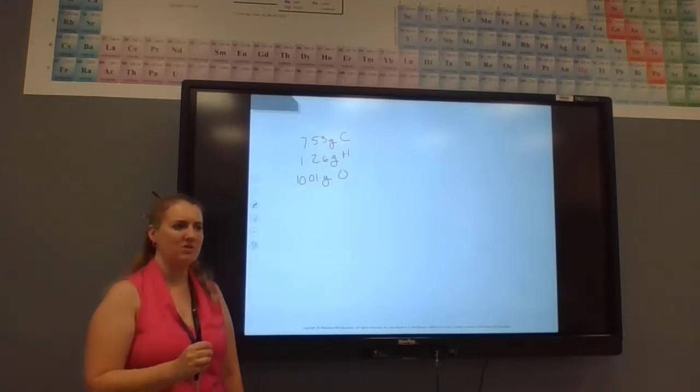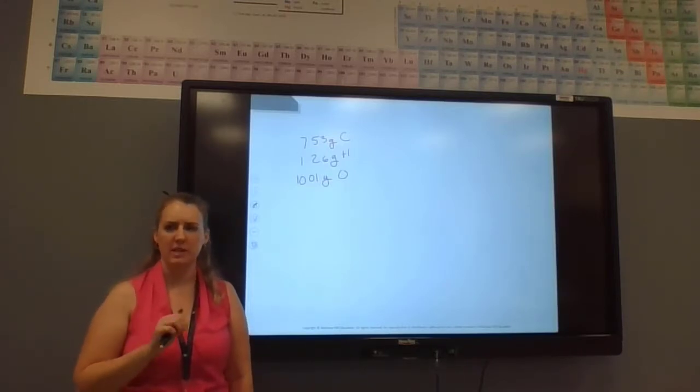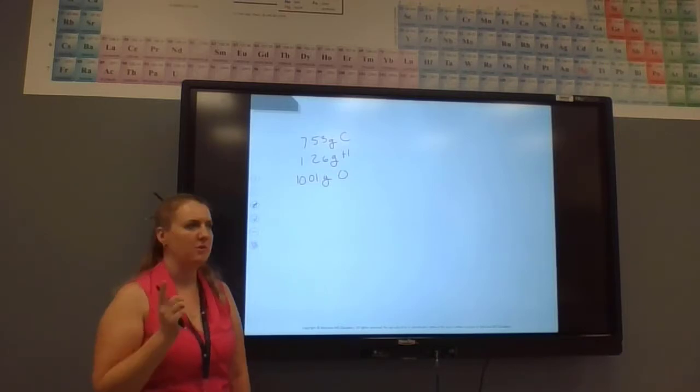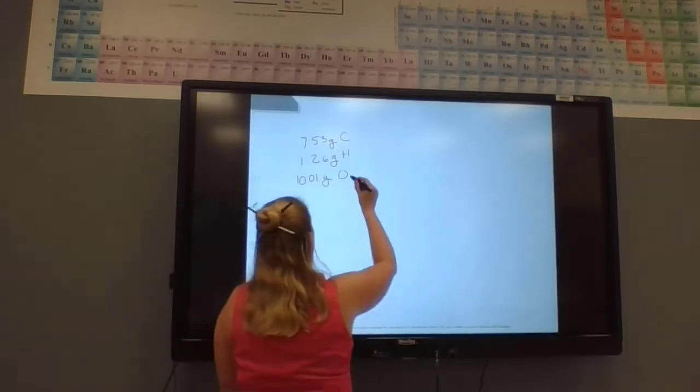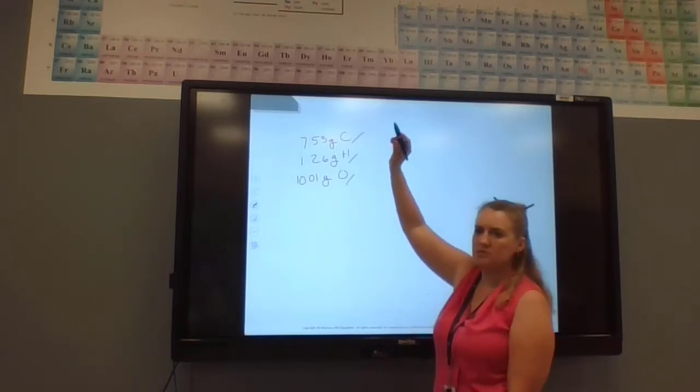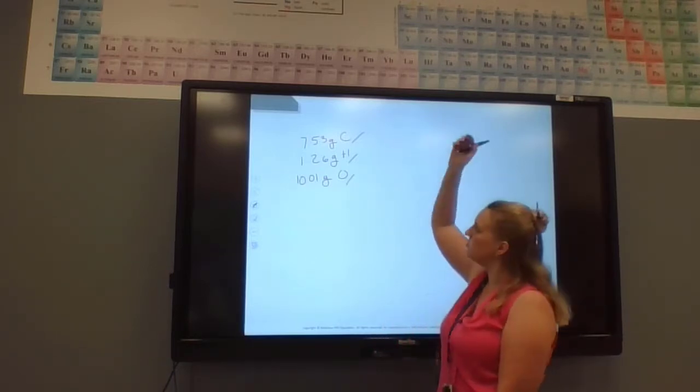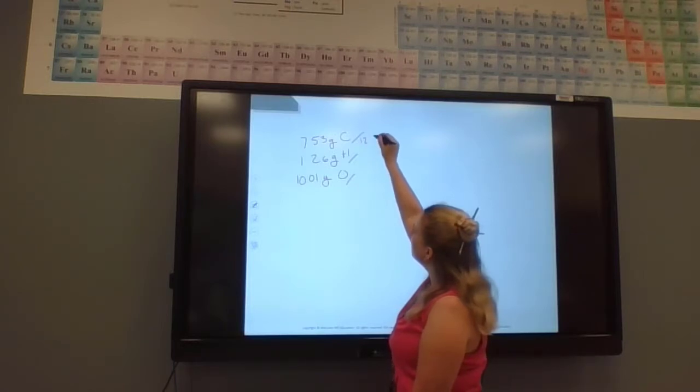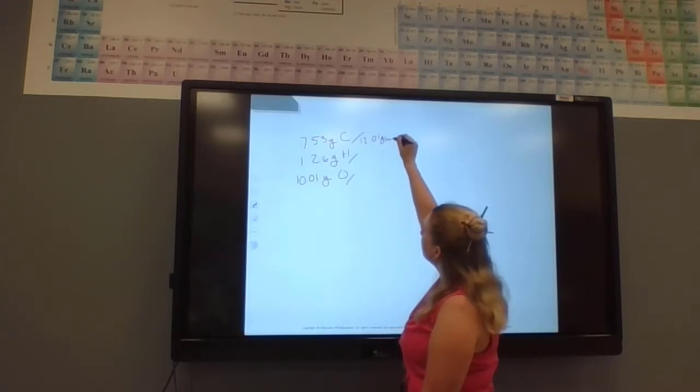What's the next step? Divide by their molar masses to get them all to what? Turn all these grams into what unit? Moles. Good. So molar mass of carbon, 12.01. Molar mass of hydrogen, 1.008.